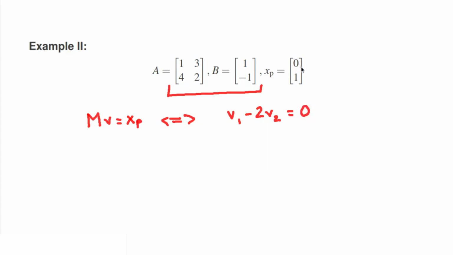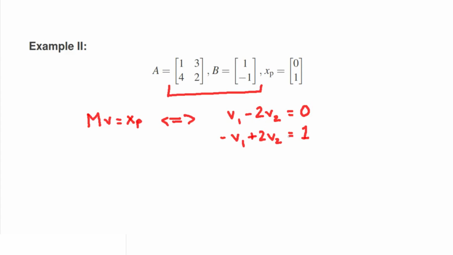And our second simultaneous equation was minus v1 plus 2v2 is equal to 1 this time. So the point xp with coordinates 0, 1 will be reachable if we can solve this set of simultaneous equations for v1 and v2. So let's try and do that.